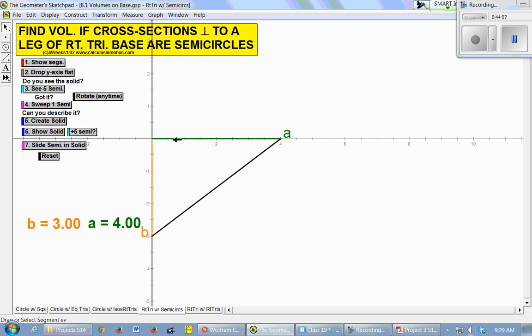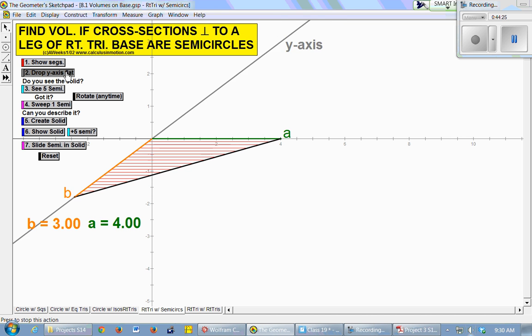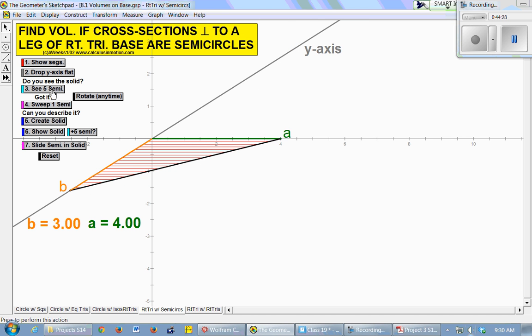So we have a 4 here, 3 here, and I'm going to build semicircles perpendicular to the y-axis. Here are my segments perpendicular to the y-axis. I'm going to build a semicircle on each one. But in order to draw that, I'm going to drop the y-axis flat. There are 5 representative semicircles.